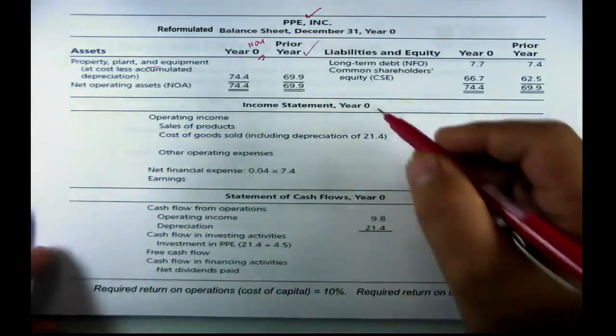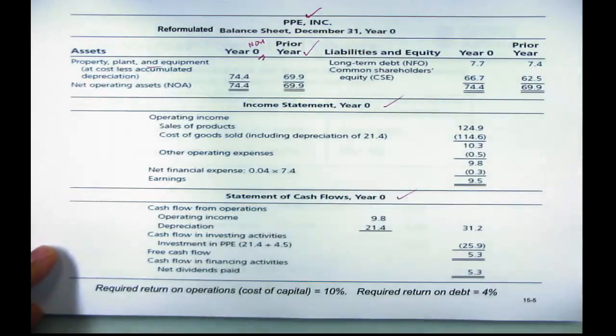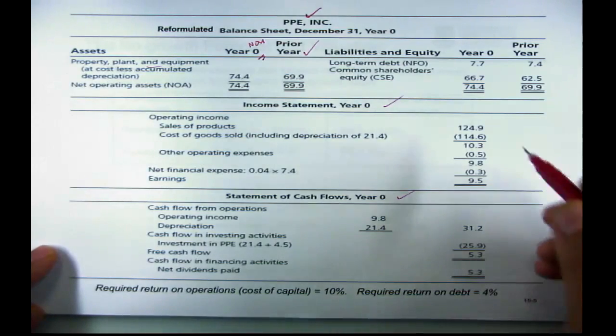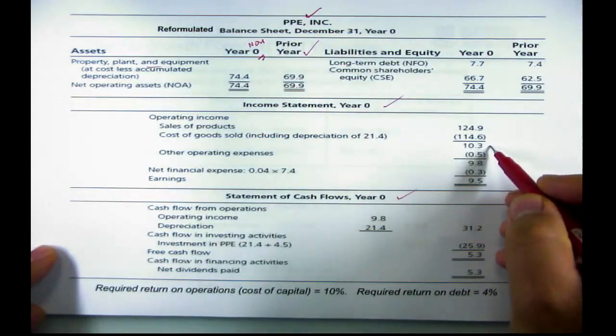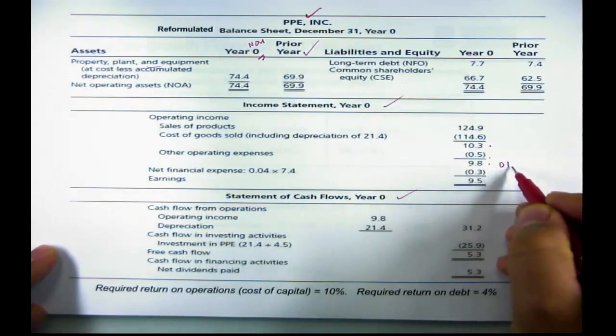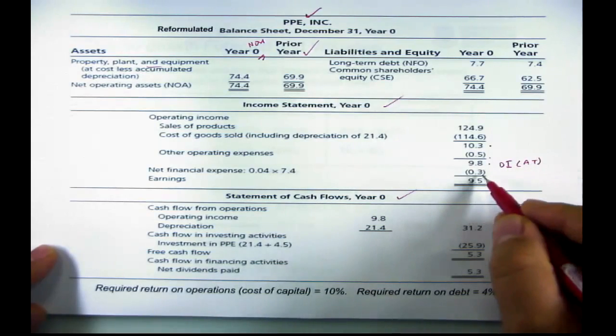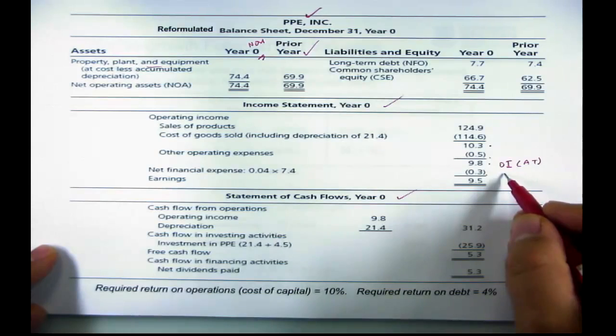We also assume that we have the income statement for year 0 and also the statement of cash flow. For simplicity, we ignore the tax here, or we can assume that this gross profit minus this is the operating profit. We assume for simplicity that this is the operating profit on an after-tax basis, and this is the net financial expense on an after-tax basis.